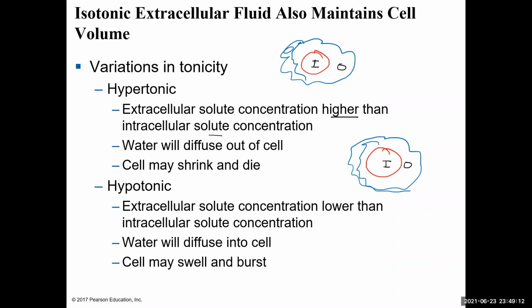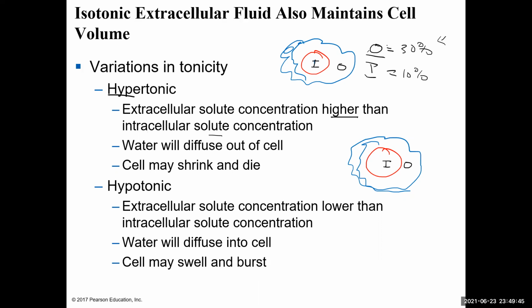Okay, so in this case, if the extracellular is higher, so if the outside, right, let's say is 30%, and the inside is 10%, then the extracellular is hypertonic, right? So it has more solute, more salt, so it's hypertonic. So the solution, the extracellular solution in this case, is hypertonic, right?